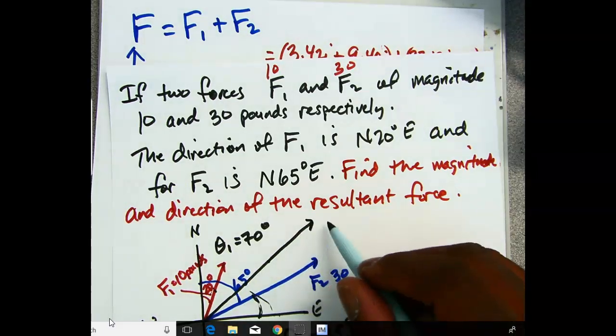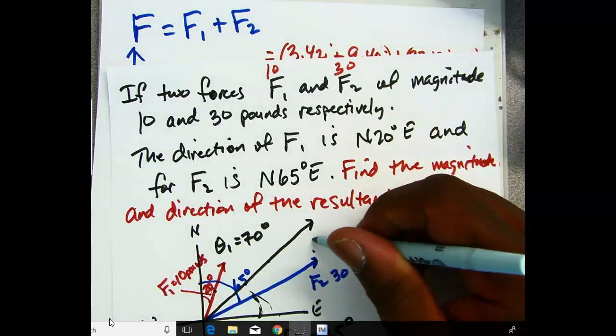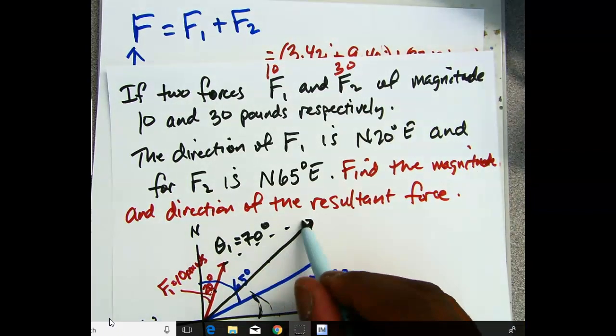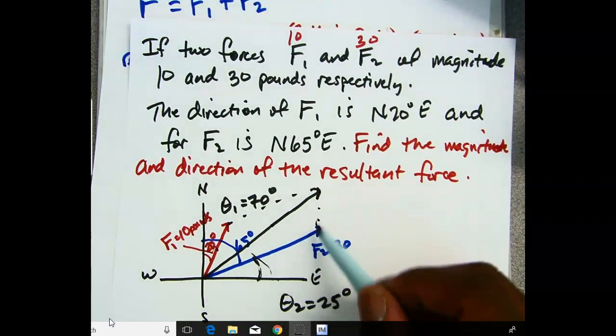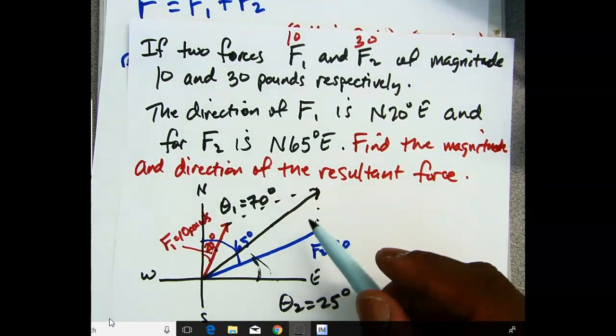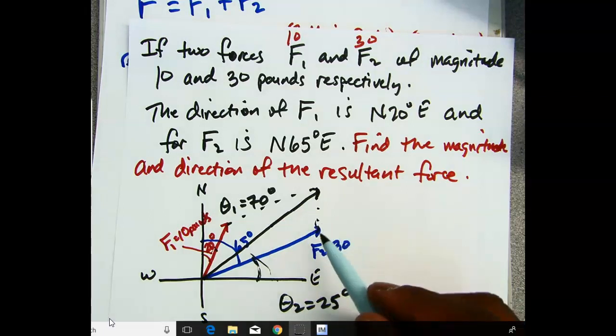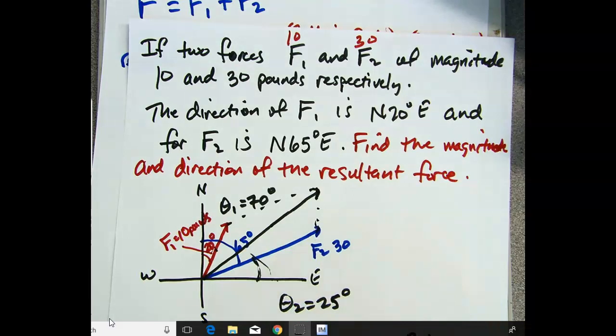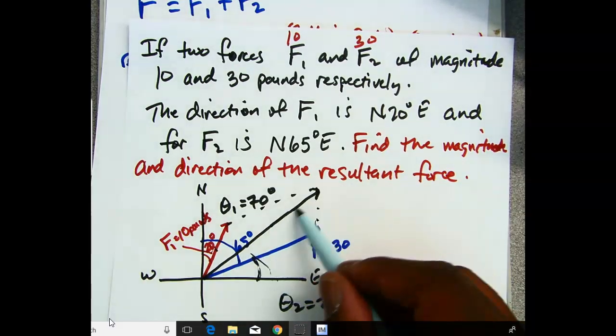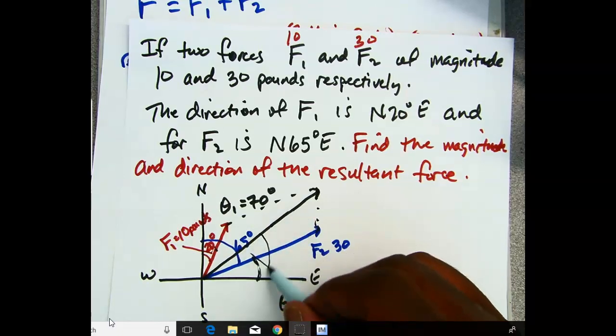What ends up happening is you see a nice little parallelogram there. If we want the magnitude and direction, we need to find the magnitude of this, and then we're going to have to find the angle.